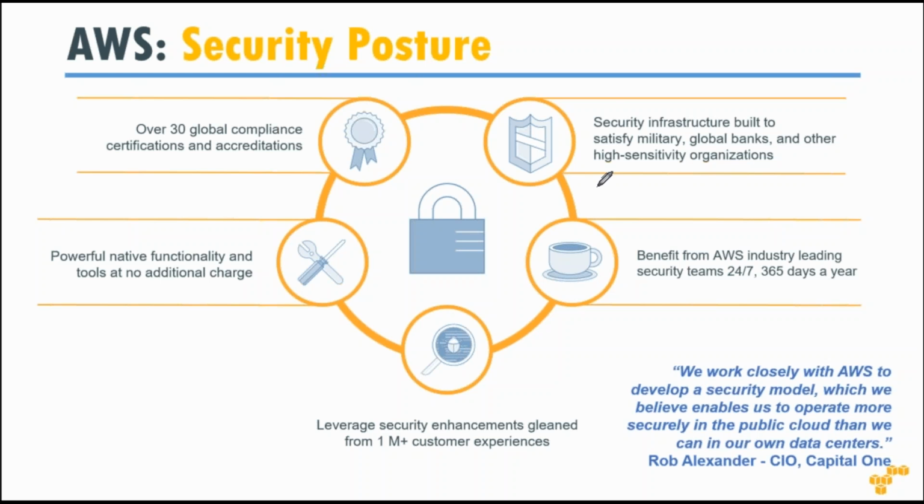So as you can see, they have military grade security, and the security is available 24/7. You also have a lot of native tools, or you can bring other third-party tools. There are tools available in Amazon like CloudWatch, CloudTrail and Cloud Config, which allow you to monitor your account and find out what is happening.